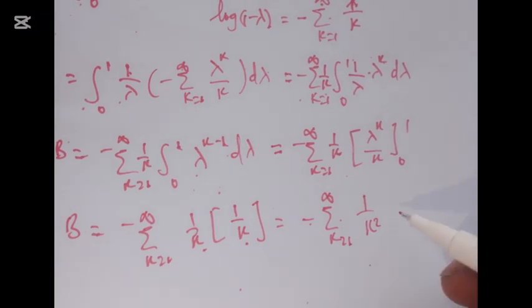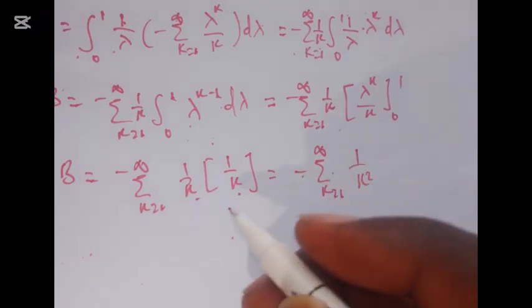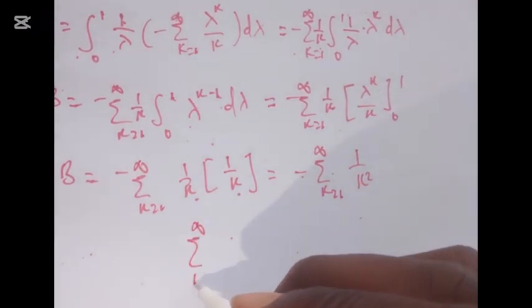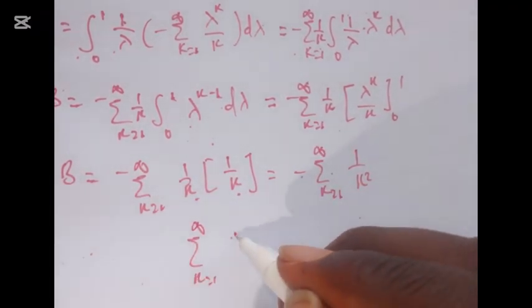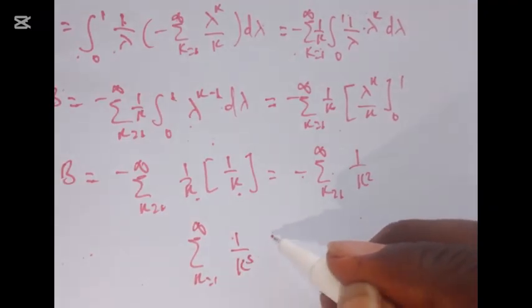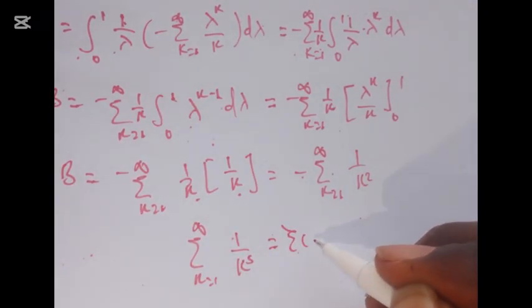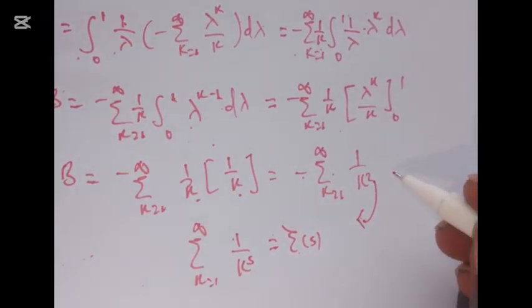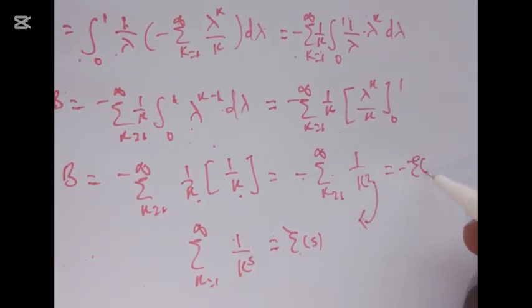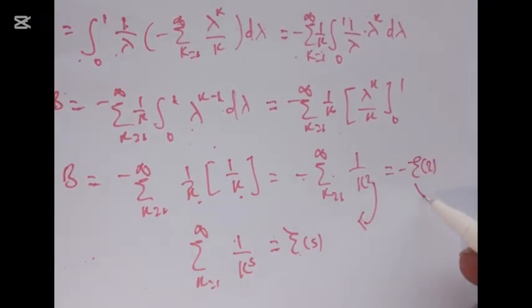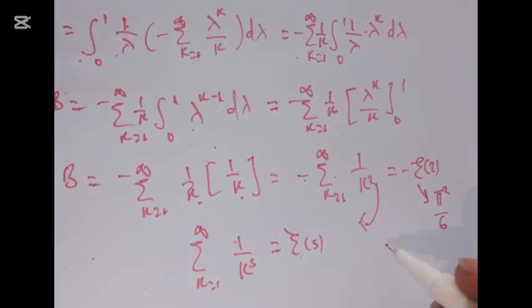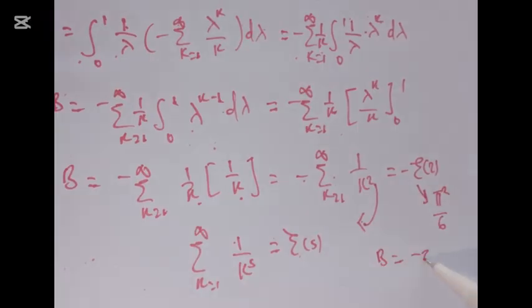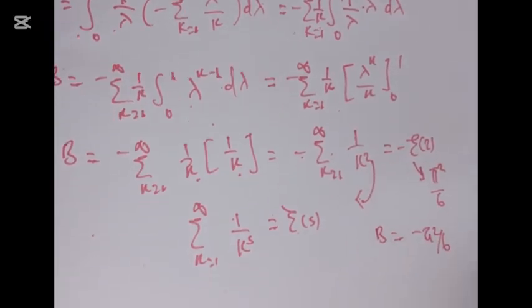Now don't forget, this is in the form of this sum: if you have the sum of k from 1 to infinity of 1 over k to the power of s, this is equal to zeta of s. In this case, your s is 2. So this is equal to negative zeta of 2. And remember, zeta of 2 is pi squared over 6. So definitely we have B equal to negative pi squared over 6. That's the value of B.